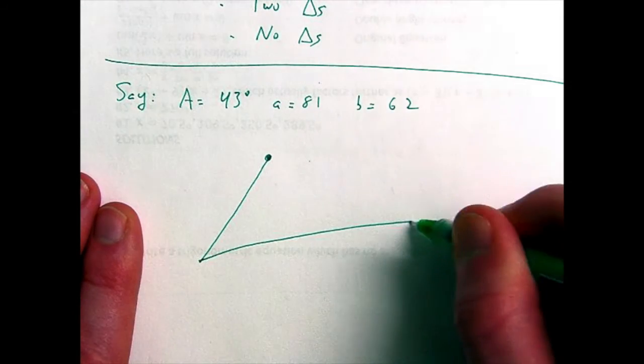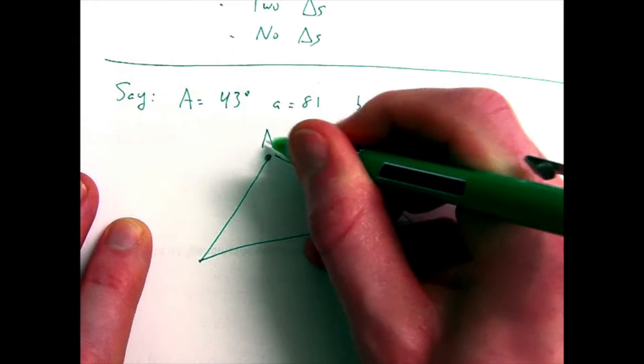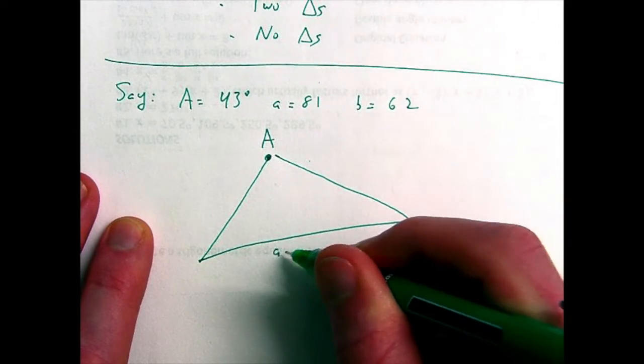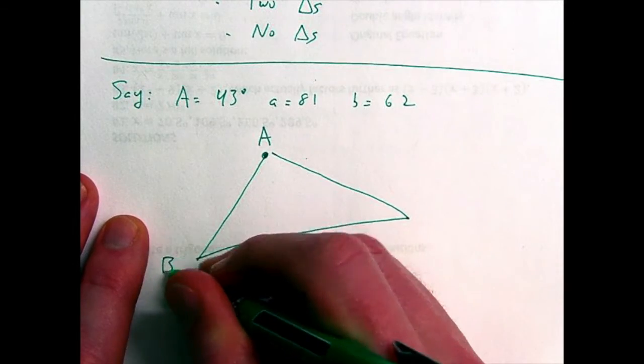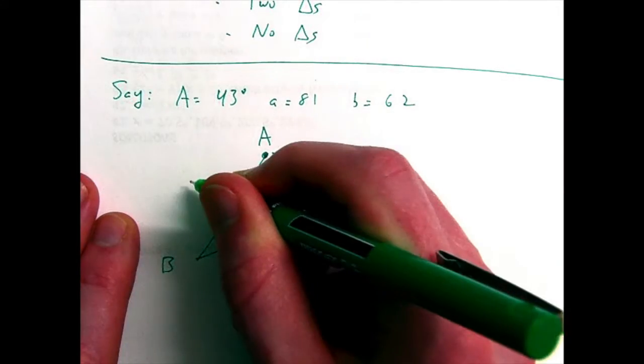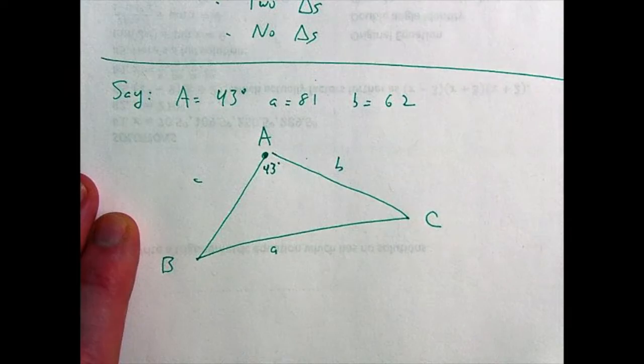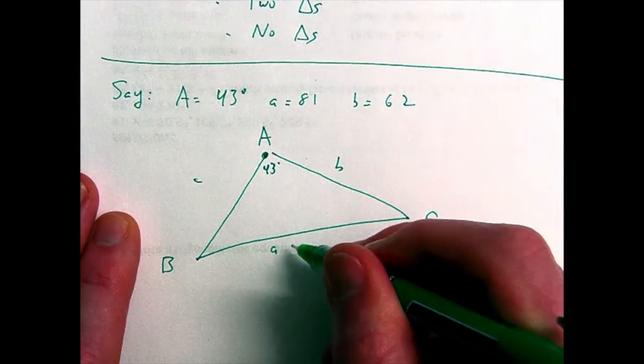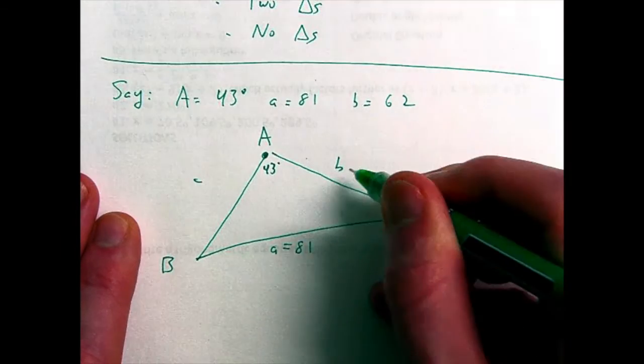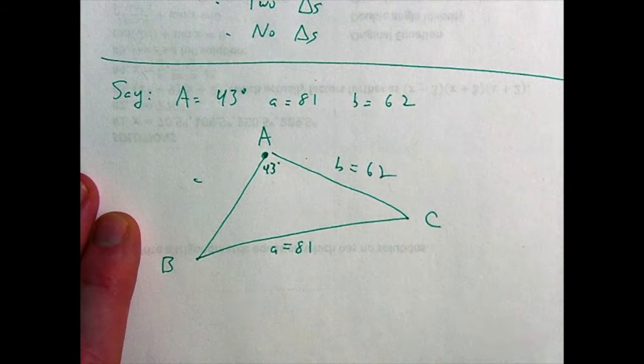Remember the convention, little a is always opposite of big A, and so on, right? That's important that we follow that. So if angle A here is 43 degrees, then little a is 81, so this has to be 81, and little b is 62.